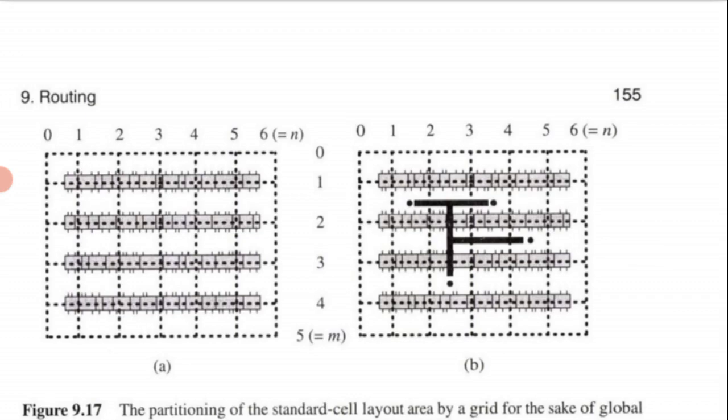The horizontal grid lines are chosen such that they run across the center of the cell row. If you consider the first row, there will be some dotted lines through the center of the cells.